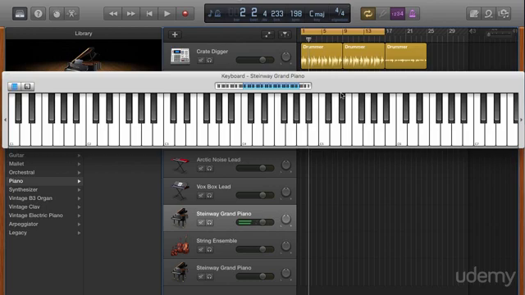All right, so that's inverted 6th chord we do like this. And so the next 2 chords, that 4 chord, so here we go.